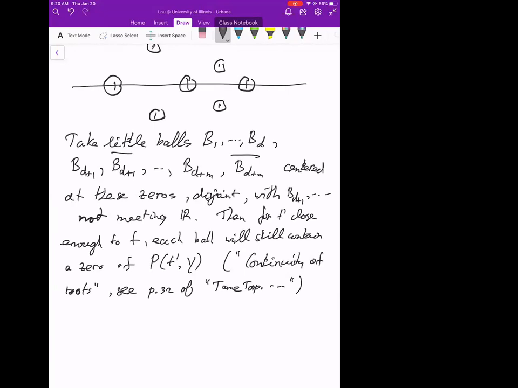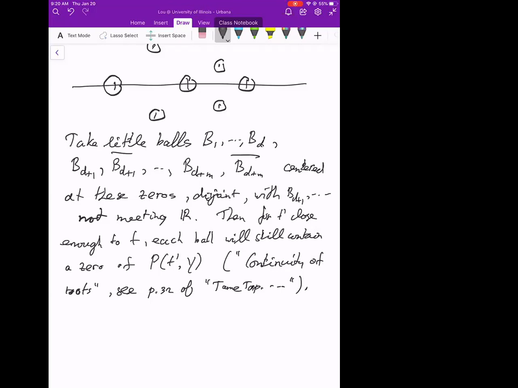But of course, that means that each of these balls can only contain one zero of p(t',y), because the total number of real zeros cannot change. And that means that the zeros in these real balls must remain real, because if they would not remain real, they would contain a complex conjugate pair.